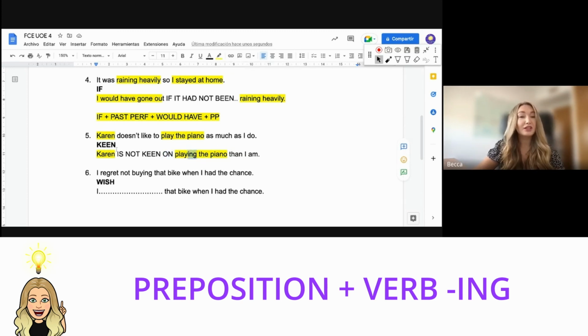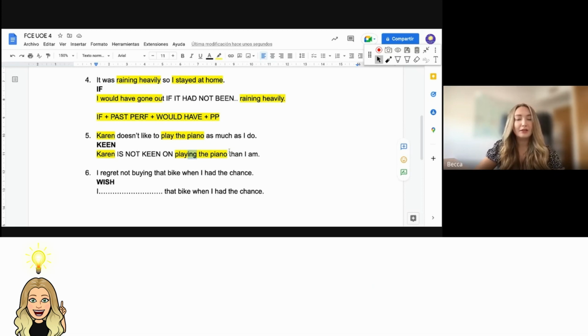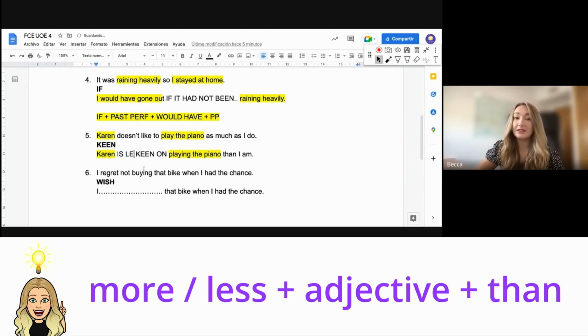So Karen is not keen on playing the piano than I am. Okay, but we have than, so we need a comparative, right? So instead of saying is not keen on, we should say Karen is less keen on playing the piano than I am.